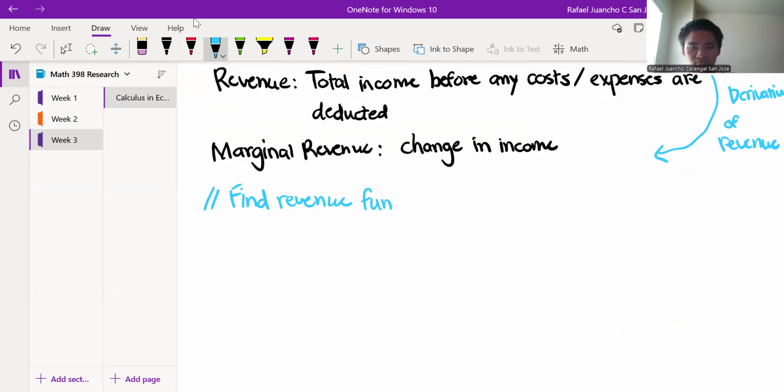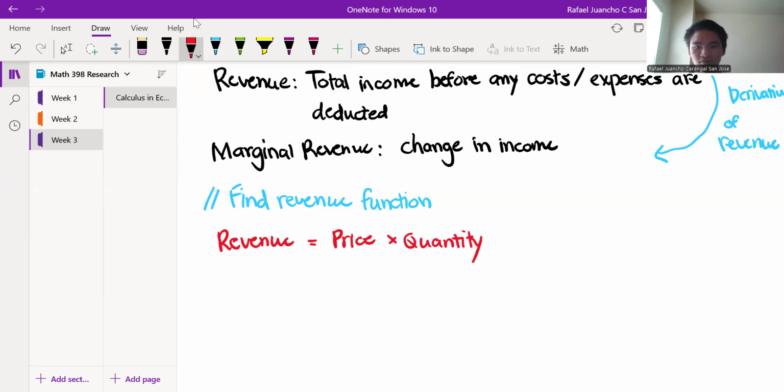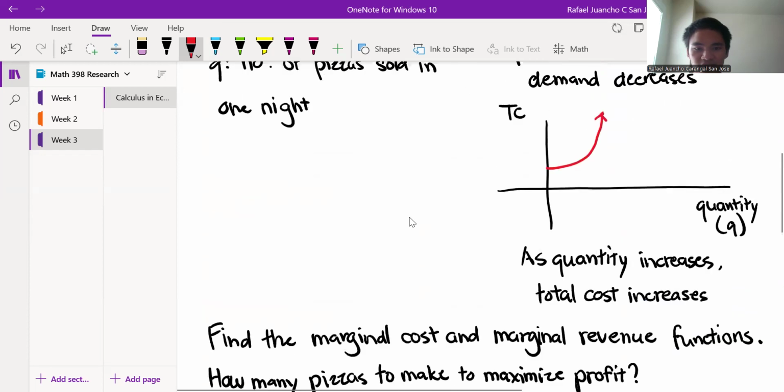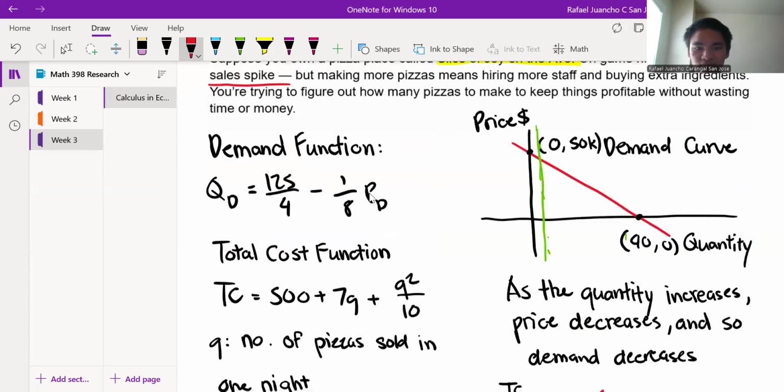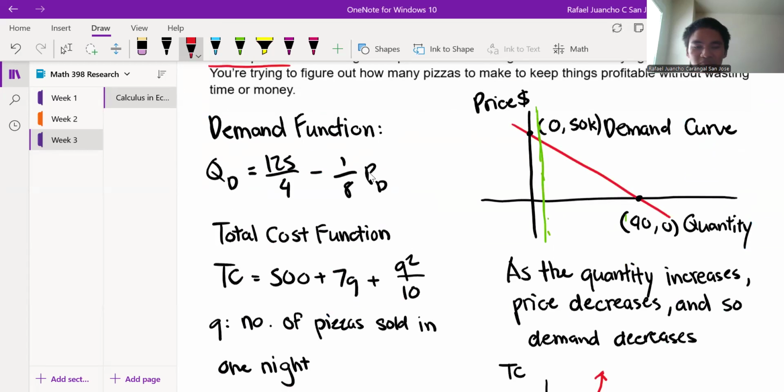To do that, we have a formula: revenue is just equal to price times quantity, right? Do we have a price function? We actually have our price here, and we also have our quantity here.